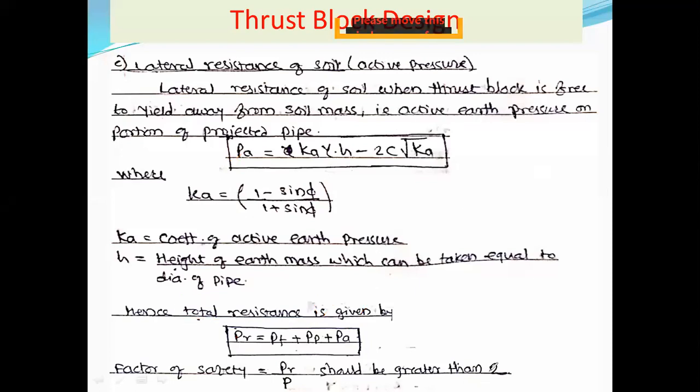This PR should be greater than twice the actual thrust, or the factor of safety PR by P should be greater than 2.